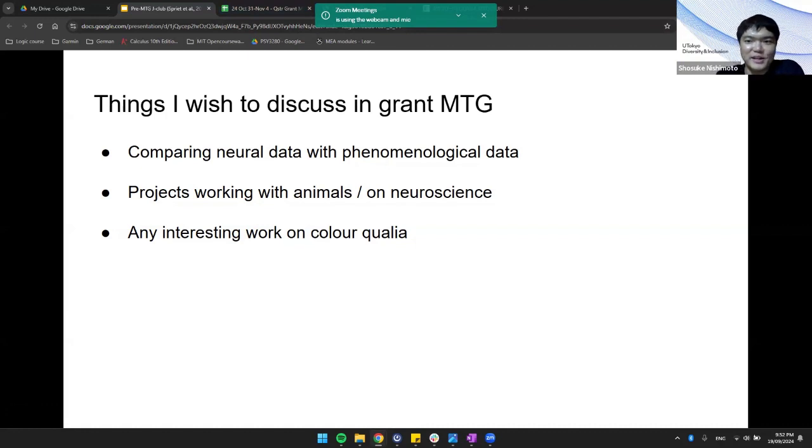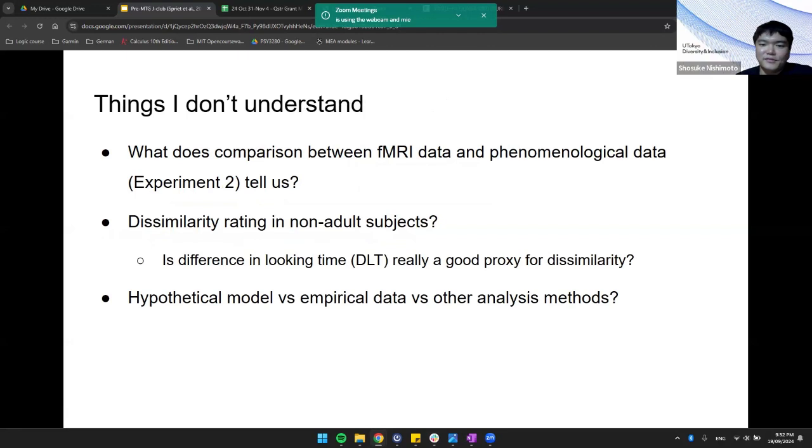Actually, I have the same question as you, the previous slide, maybe. The first one and second one are the same. I have the same question. And I also think that they should compare the DLT from adults and fMRI data, and then compare the infants' data and the adults' fMRI data.